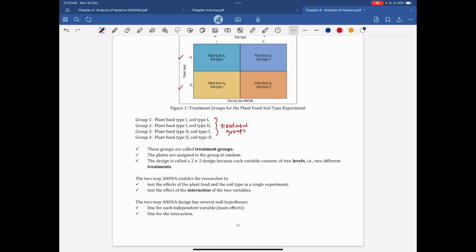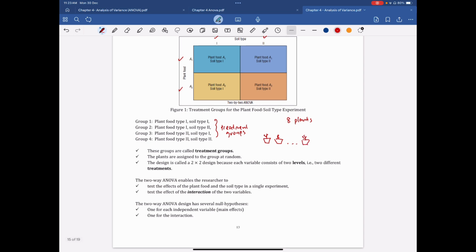Let's say that you have eight plants. I assign the numbers 1, 2, 3, 4, 5, 6, 7, 8.